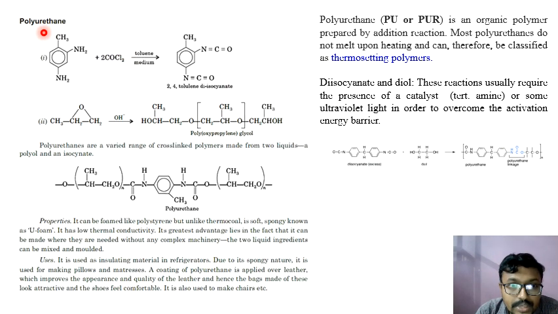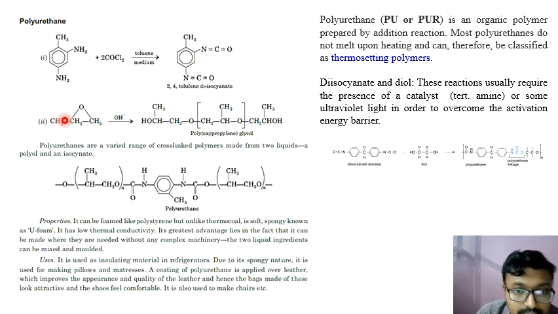Next one is polyurethane, PU or PUR. In polyurethane, our starting molecule is toluene. First we take toluene 2,4-diamine and react it with COCl2. We get this isocyanate: the NH2 group reacts with COCl2 and forms isocyanate.